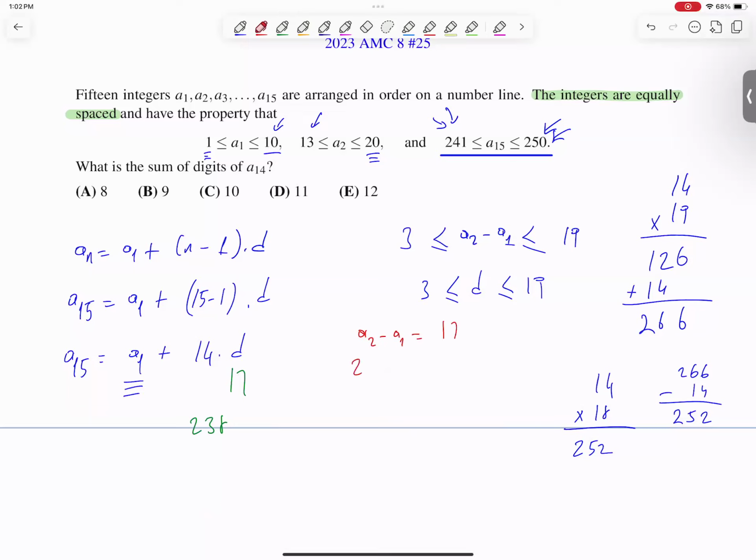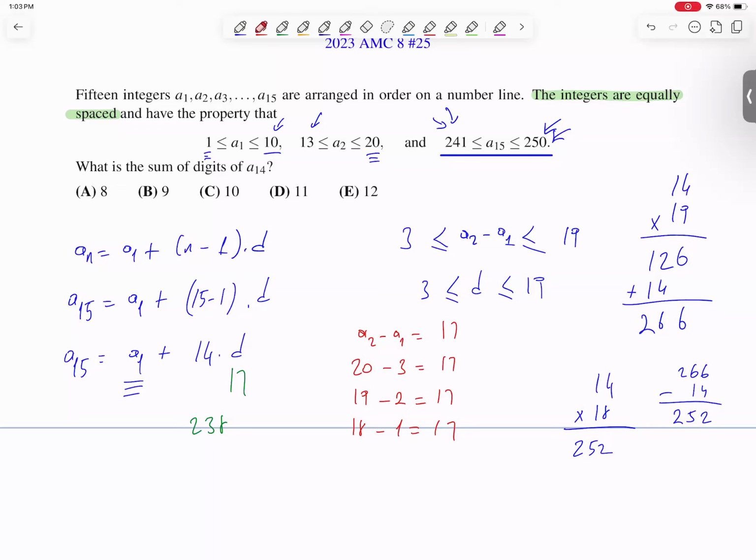If a2 is 20, a1 is 3. If a2 is 19, a1 is 2. If a2 is 18, a1 is 1. So for a1 we have 3 options: 3, 2, 1.